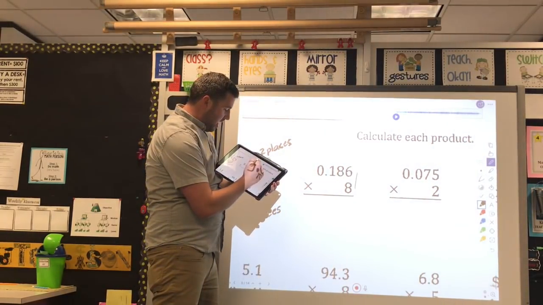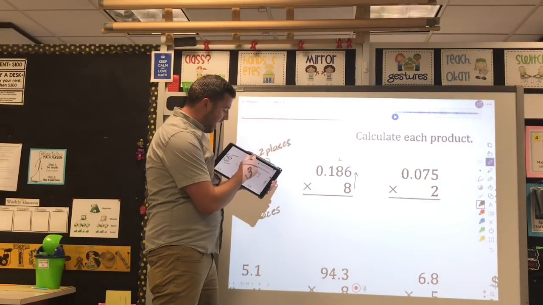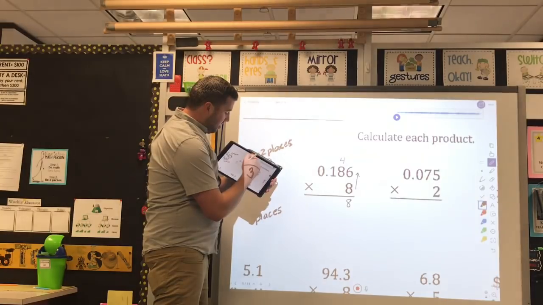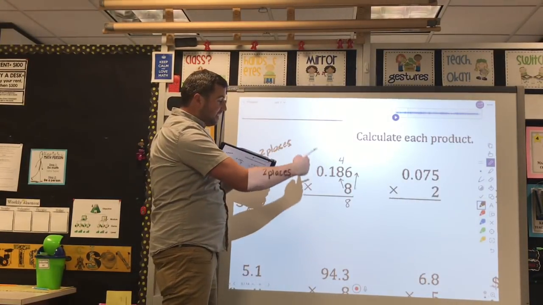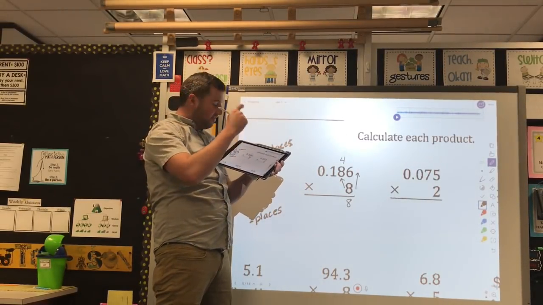Here we go. 8 times 6, add the regroup. 8 times 6 is 48. Always regroup to the next problem. 8 times 8, add the regroup. 8 times 8 is 64. Add the regroup. 65, 66, 67, 68.